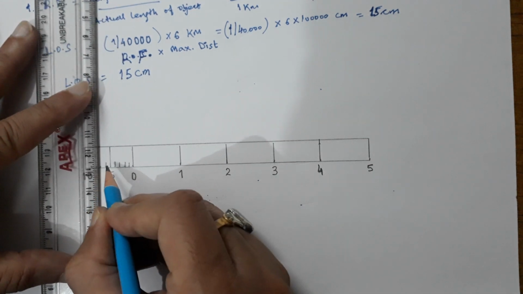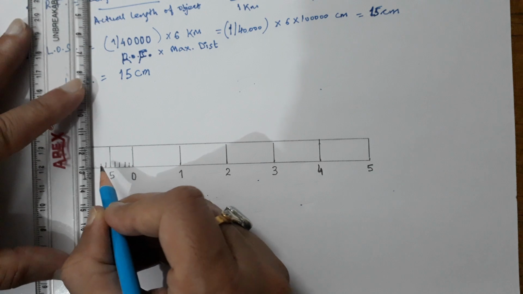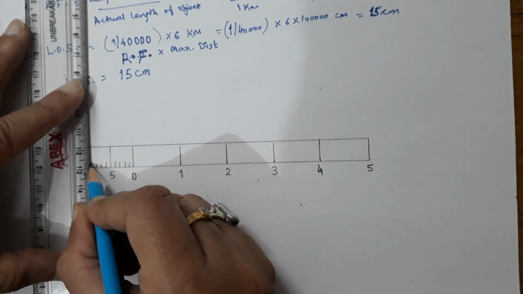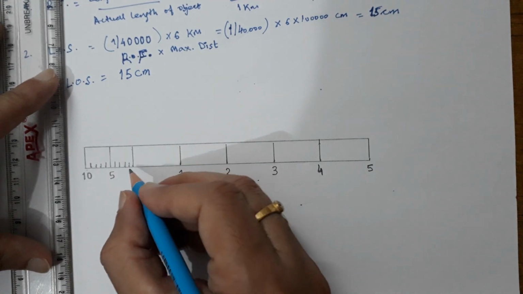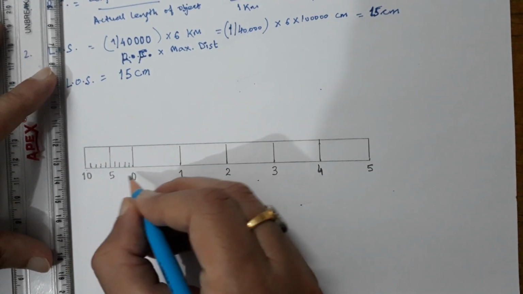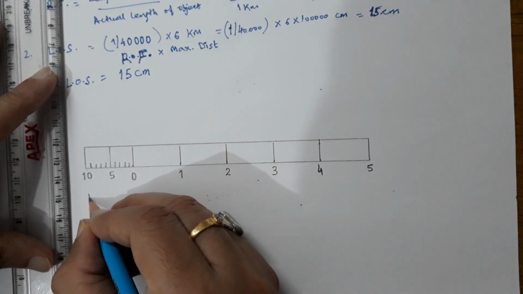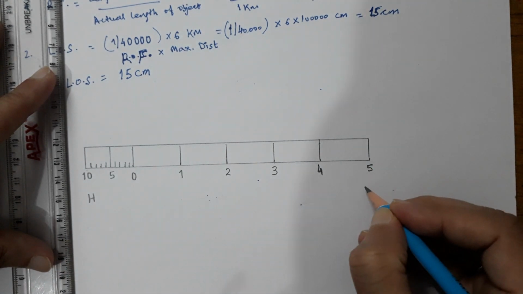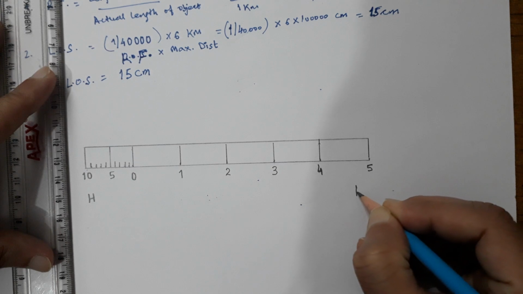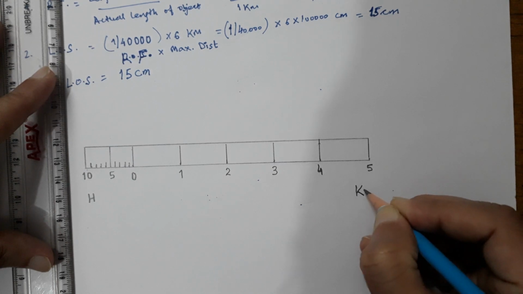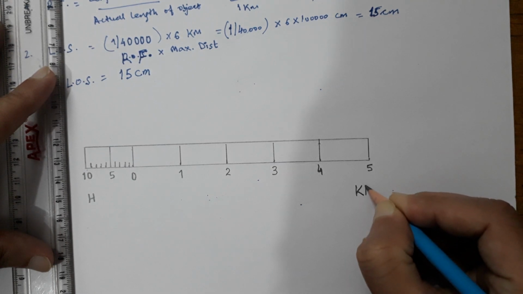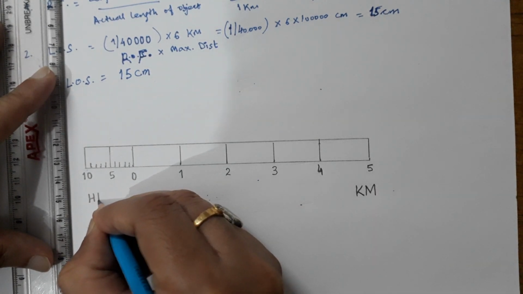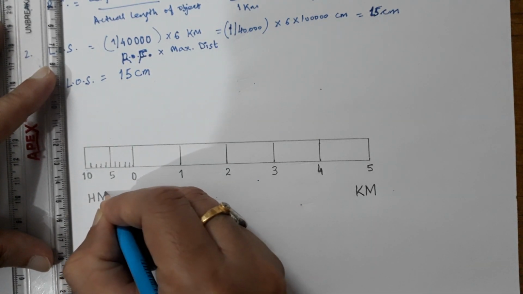So this is actually 1 kilometer being divided into 10 equal parts, meaning 10 hectometers. Here the unit is hectometer, and here it is kilometers, so you can write kilometers.